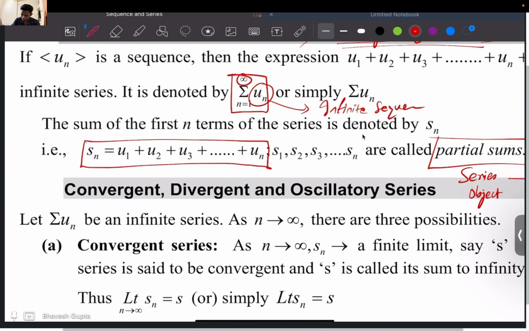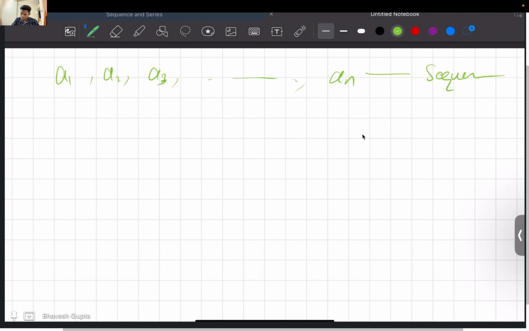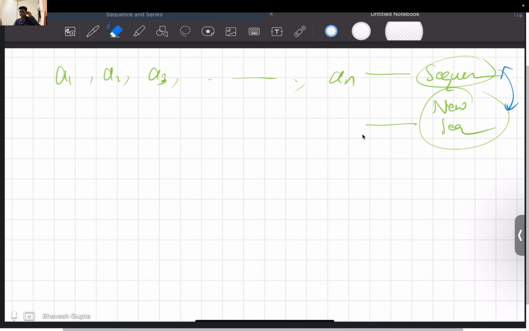For example, let me write down over here. What I'm trying to say is, if I had this sequence a1, a2, a3, and let's say an, this is my sequence. I'll define a new sequence, and these two sequences are very related. I will use the elements of the old sequence to create a new sequence.